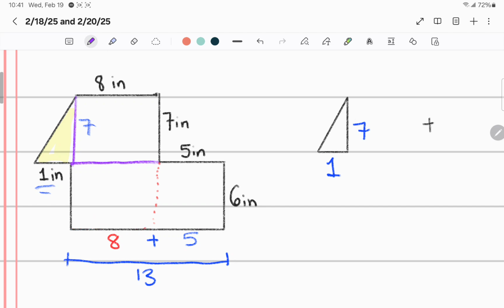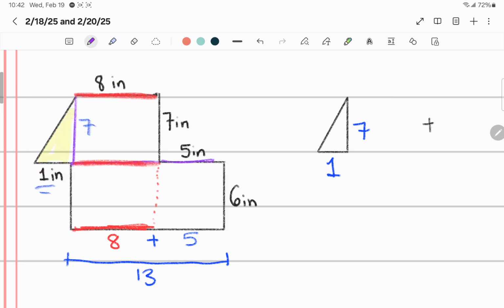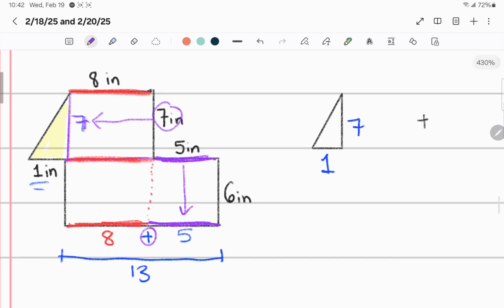And then to find my bottom number, I took 8 and kind of brought it down. So that made up that little piece. And then I took 5 and brought it down. And then I added 8 plus 5. That's how I got 13. Okay, 7 is from here. Looks like a little duck.